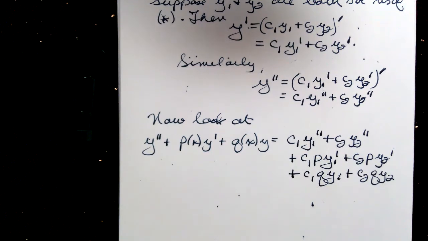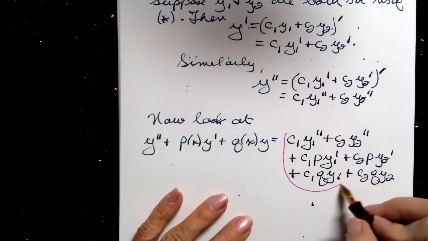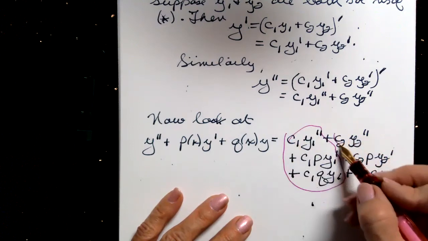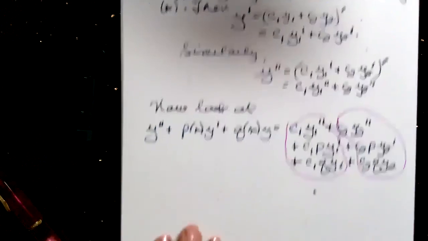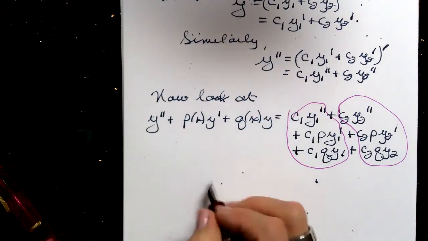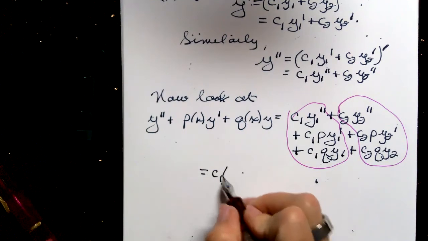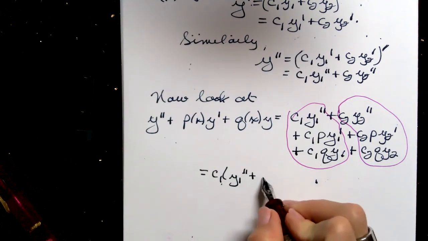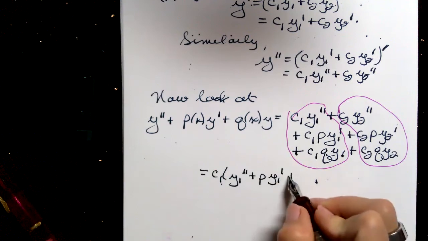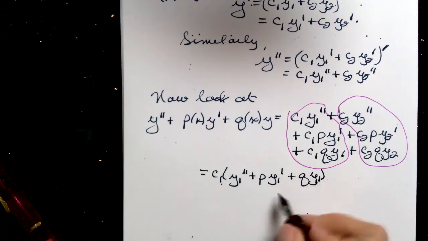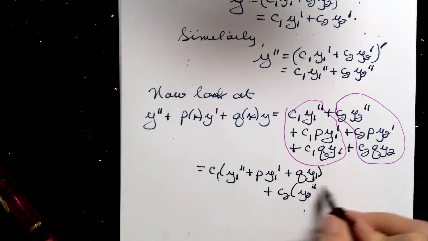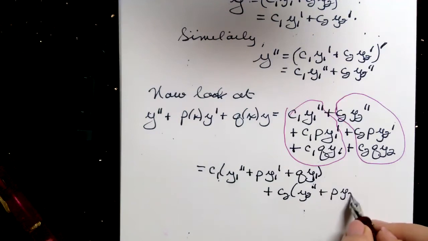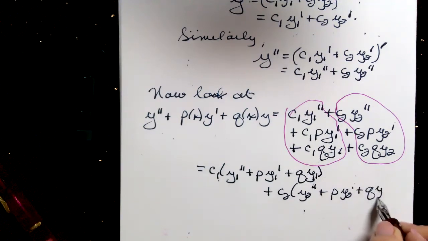So if we add these three terms together, and then add these three terms together and group them that way, what we see is that this is equal to C1 times (Y1 double prime plus P Y1 prime plus Q Y1) plus C2 times (Y2 double prime plus P Y2 prime plus Q Y2).